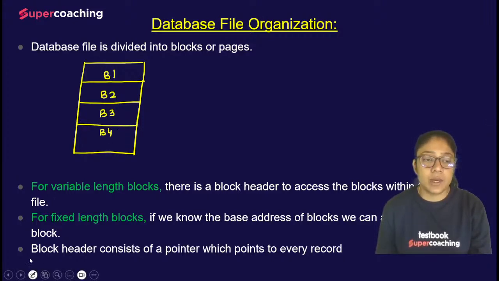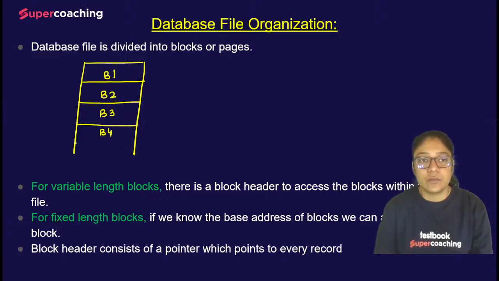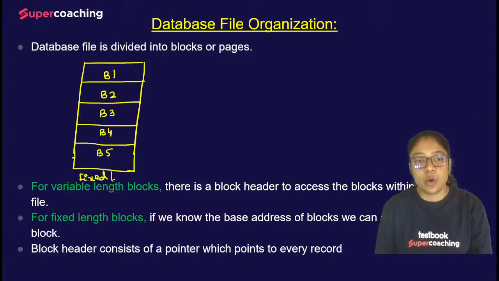Looks like this is bigger than the previous blocks. So let's see. This is block 4 and let me take here one more block 5. So these blocks are of fixed length. So this is the representation for fixed length blocks.